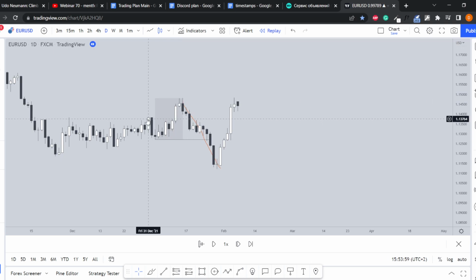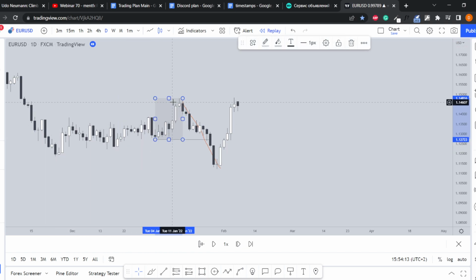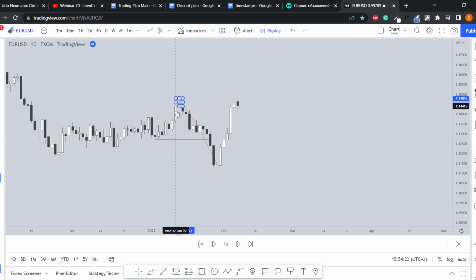Even if this pullback rule is met, this is the most recent one before the break. So instead of using this whole big zone, we can use this pullback as a refined zone, or we can refine even more to the last up move before the down move.